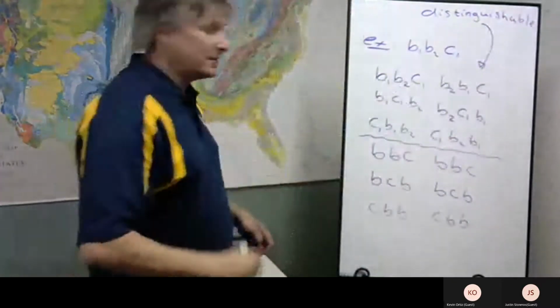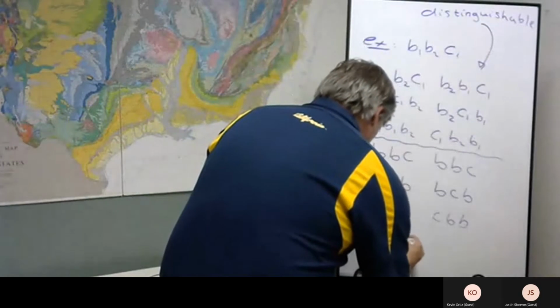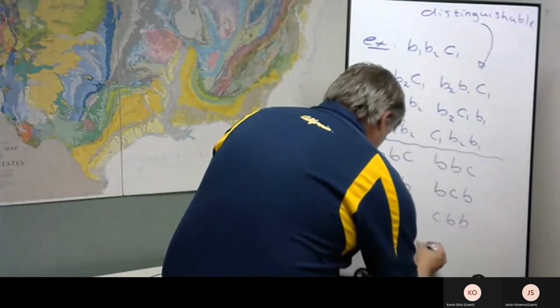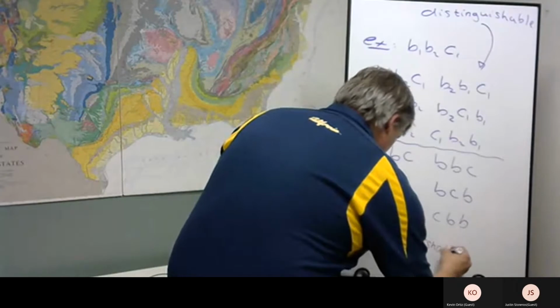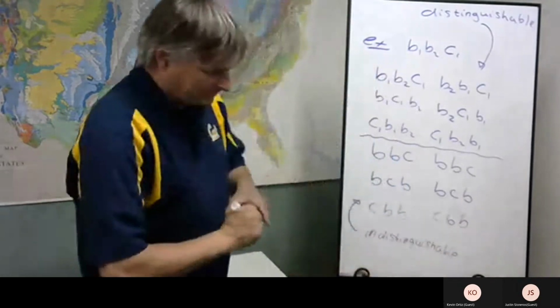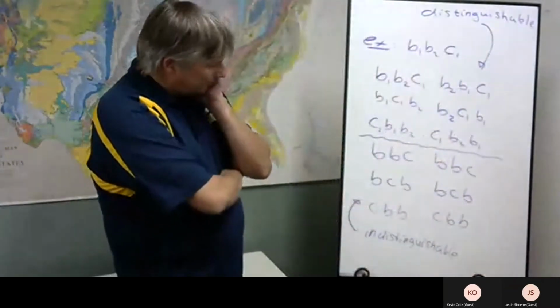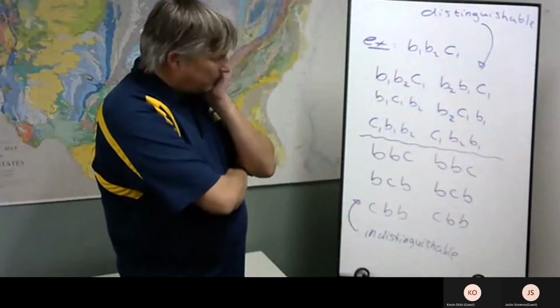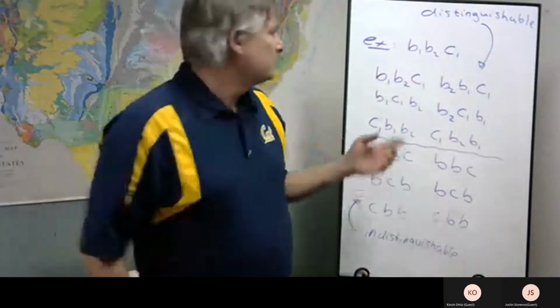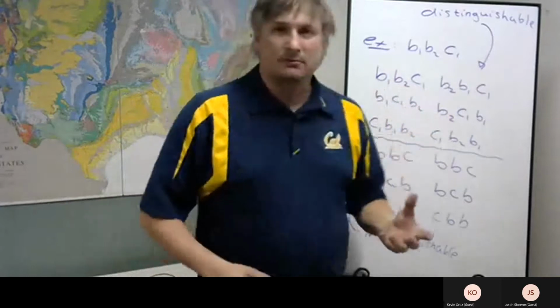These here, indistinguishable. So here's the thing. When they're distinguishable, we clearly have 6 different results.